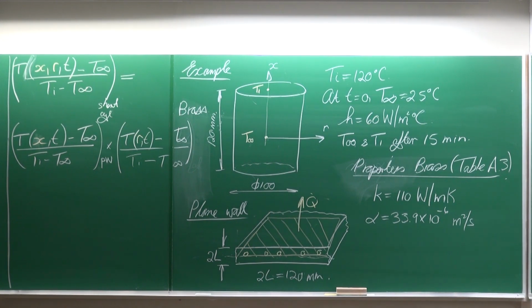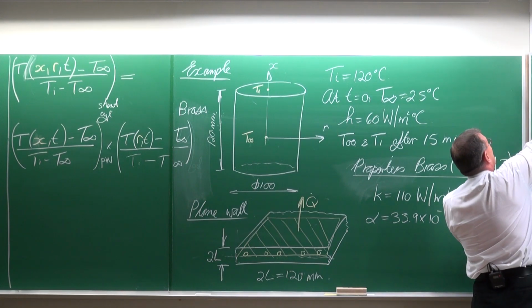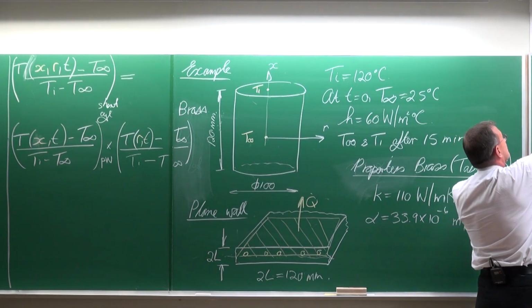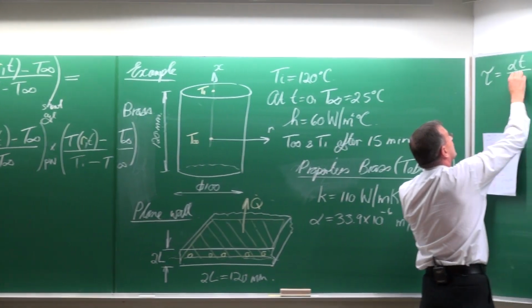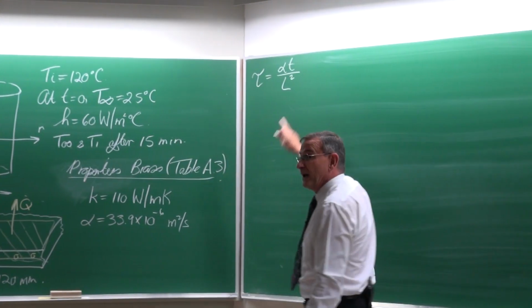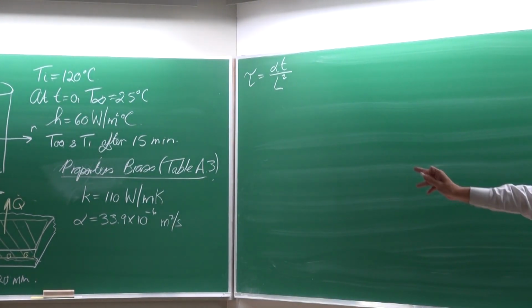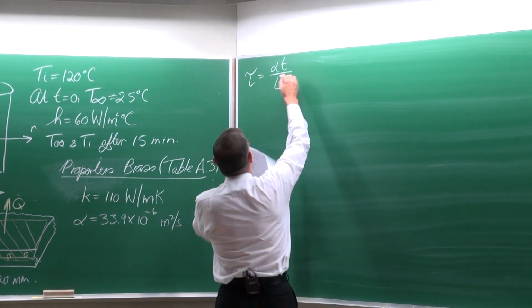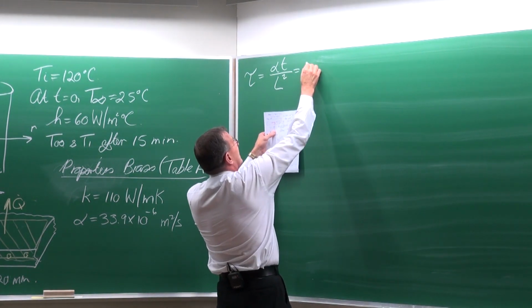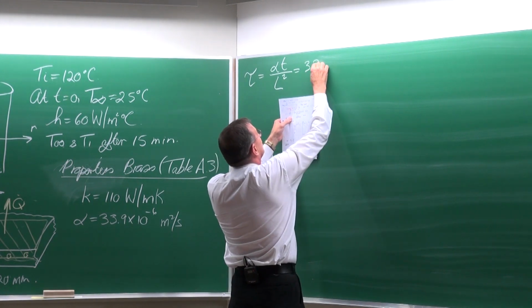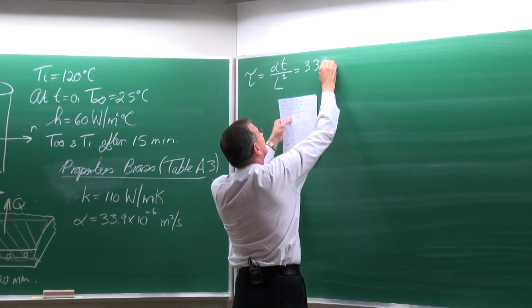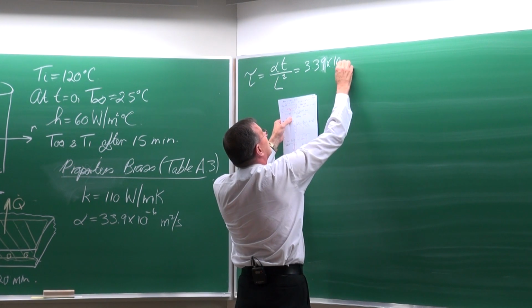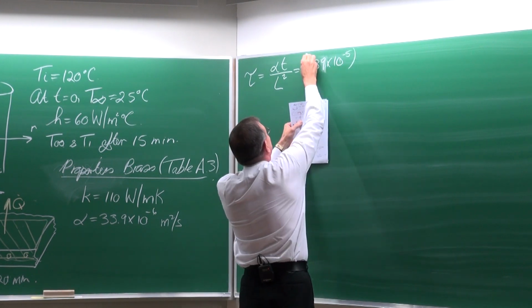Okay. So now we can get to the non-dimensionalized time, which is equal to alpha T divided by L squared. Where do I get that non-dimensionalized time? In the fine print underneath that table. The non-dimensionalized time for a plane wall is equal to that, and alpha is equal to 3.39 multiplied by 10 to the minus 5.